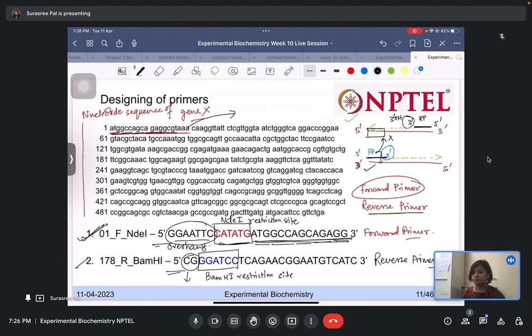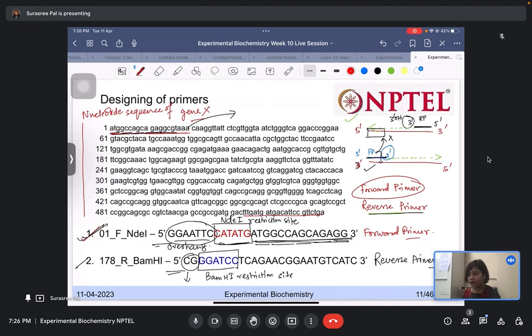Whereas the reverse primer actually will have this 3' end sequence, but in reverse and in reverse complementary sequence.